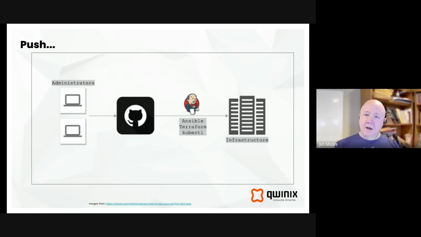Which gets to a couple of the different ways of applying this. This is the classic CI/CD approach that developers use all the time for moving code out, where you check things into your repository, and a CI/CD tool like Jenkins or GitLab or whatever then takes that code, that infrastructure as code, and applies it into your running system, into your cloud or whatever.